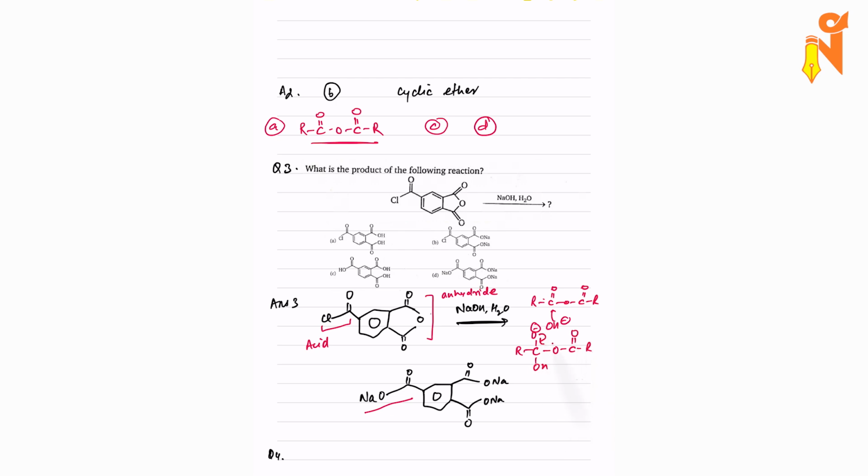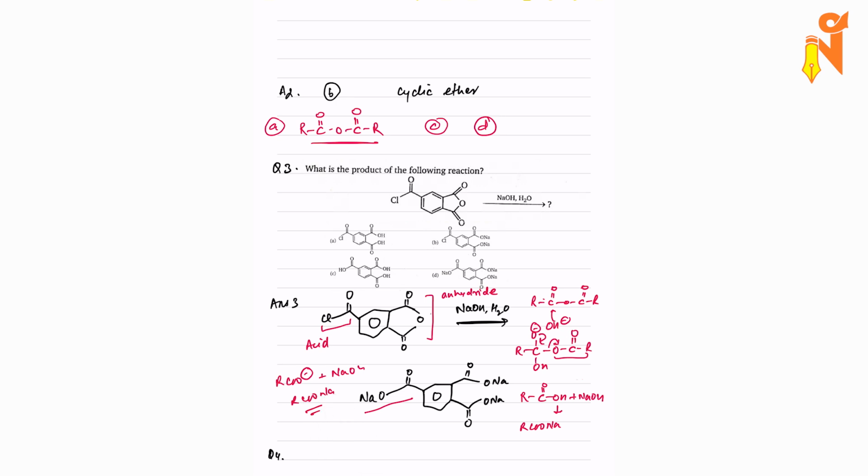Then this oxygen will do an SN2-type reaction and cause the formation of RC double bond OOH. Now because NaOH is present, an acid-base reaction will take place and RCOO-Na will be formed. Even in this case, RCOO minus is forming, which will ultimately react with NaOH and form RCOO-Na. So this is how the reaction is.